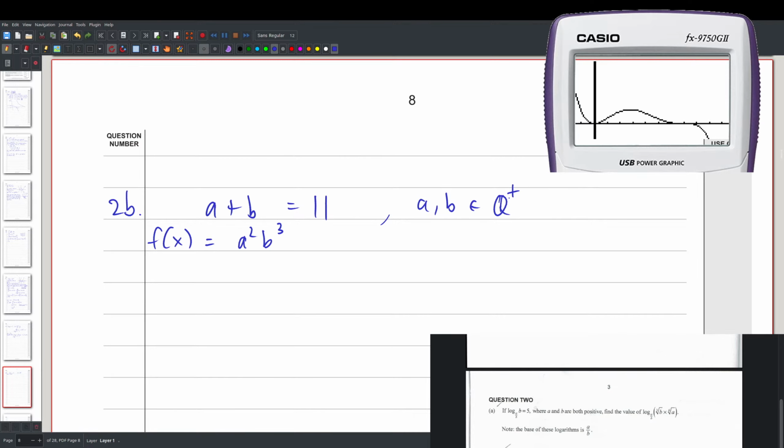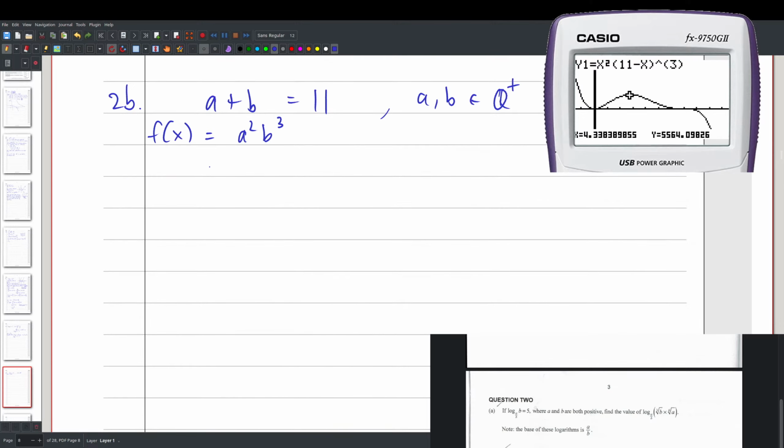Zoom in. Yep. Alright, so it maximizes the product, right? That means it's somewhere around here, like y equals 4.33, 4.48-ish. Okay. Well, we know that b is equal to 11 minus a, right? So f of a equals a squared times 11 minus a cubed.